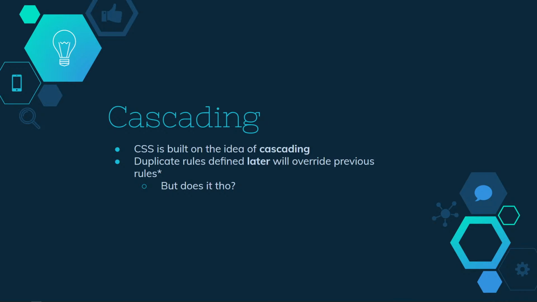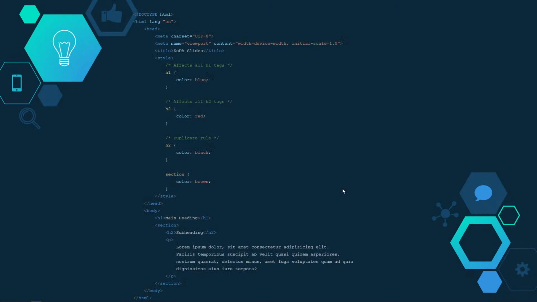Duplicate rules defined later will override previous rules. But does it though? So here we go. I have an H1 here, and I say color blue. I have an H2 and I say color red. And then I duplicate the rule. I have another H2 right underneath the previous H2, and I say color black.